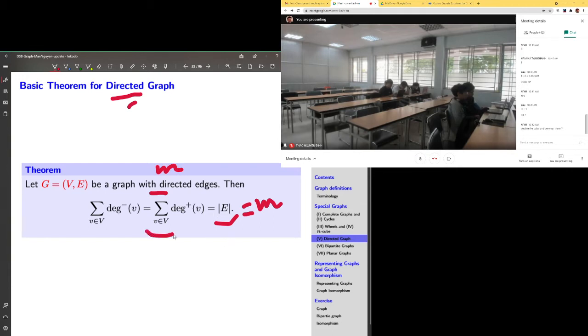Now you say that M is equal to the sum of out degrees, when you take the sum over the node set, and that is also equal to the sum of in degrees. So pay attention to the minus and the plus here. So this is the extension of the Handshaking theorem.